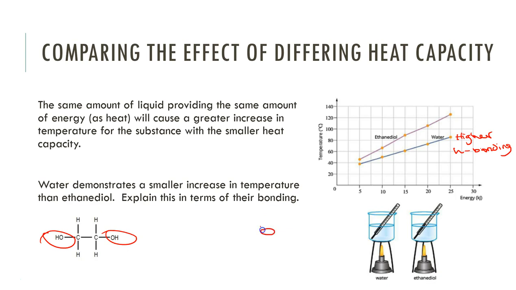Remember, water can form 4 hydrogen bonds per molecule, and it is a very small molecule compared to ethanediol. We will have more water molecules per amount of liquid than ethanediol as well, so we would have a higher number of moles of water present, therefore needing more energy to disrupt that.